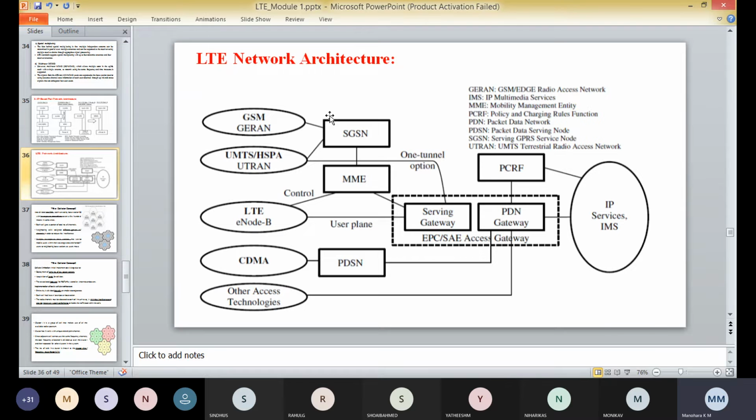The EPC includes four new elements: the serving gateway, that is SGW, the packet data network gateway, that is PGW, the mobility management entity, that is MME, and the policy and charging rules function, that is PCRF.